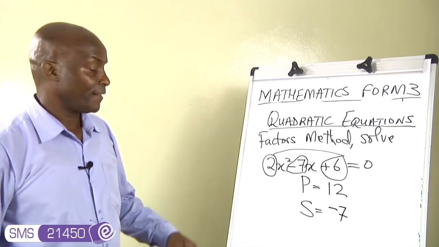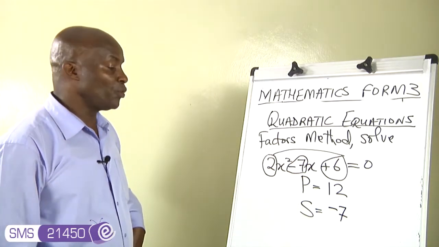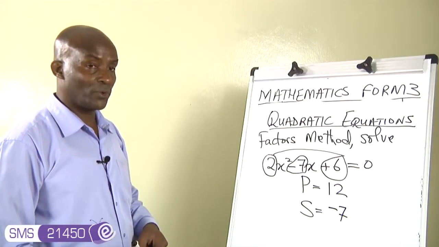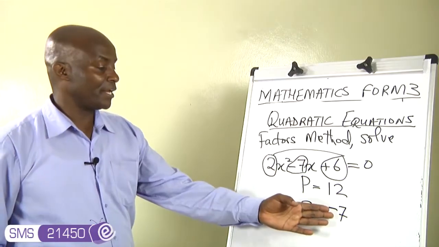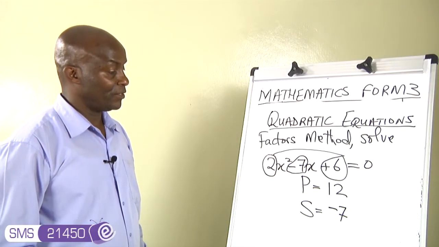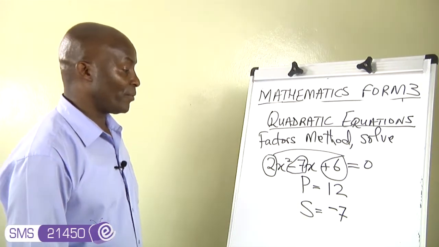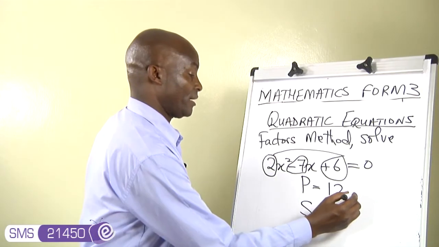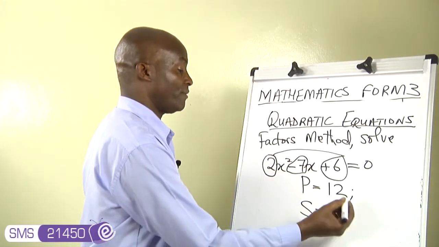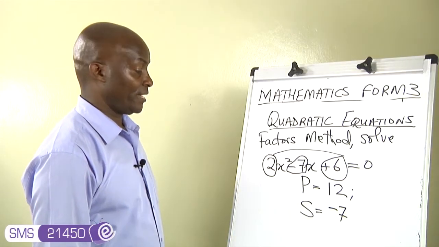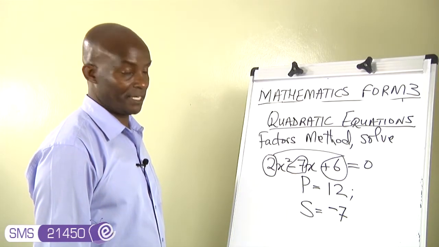So in this method, you look for two factors of 12, which when added will give us negative 7. We have 1 and 12, we have 2 and 6, and we have 3 and 4.